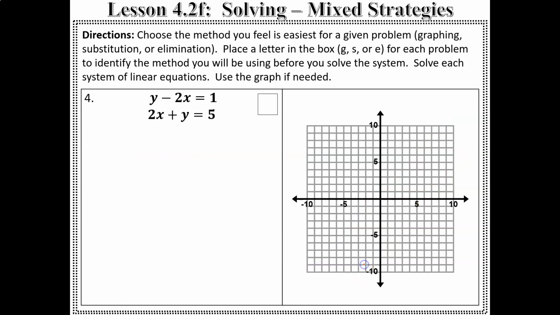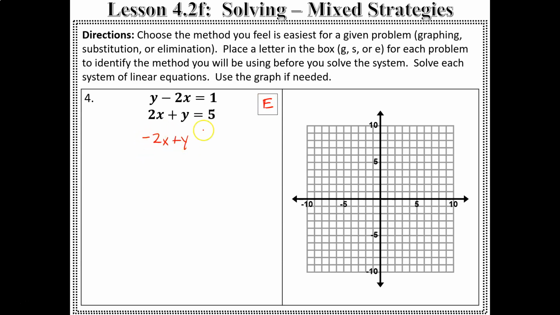Okay. What should we do here? Well, I see we have the same coefficients if we move these around, so let's eliminate. So I'm going to flip this around to be negative 2x plus y.